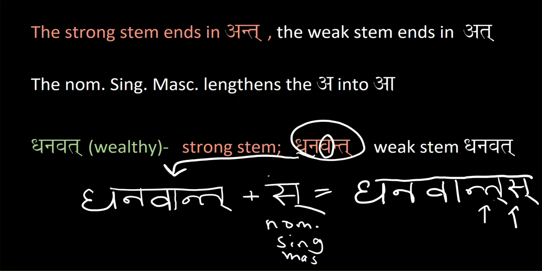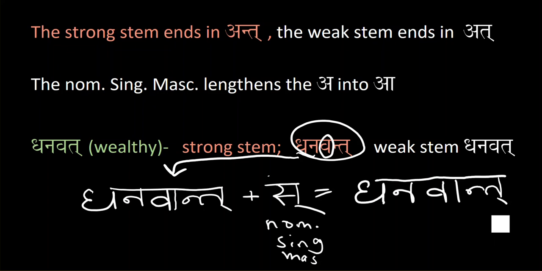The consonant sandhi rule is that no word could end with two consonants, okay? Especially when they're not separated by vowels. So what you have to do is, when you're seeing that happen, it has to be reduced. So we're going to reduce the sa. We're ending up with dhanawant. But that's still not acceptable because we're still seeing two consonants here. We're seeing the nasal na, and then we're seeing the half ta.